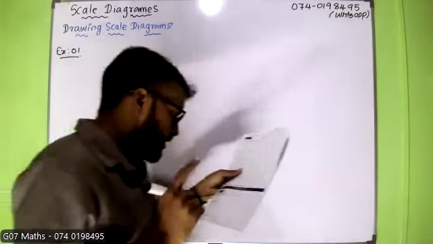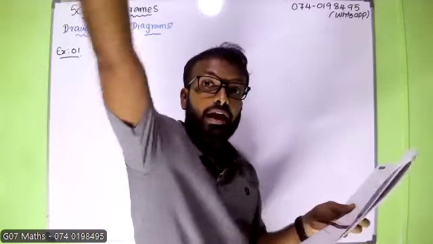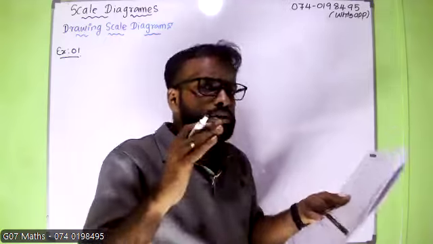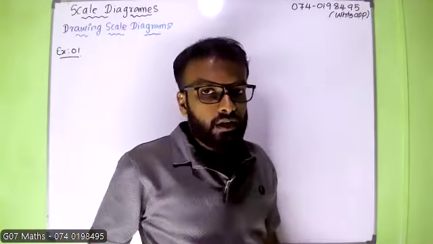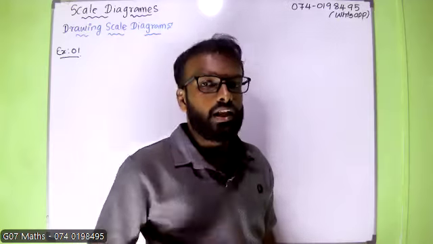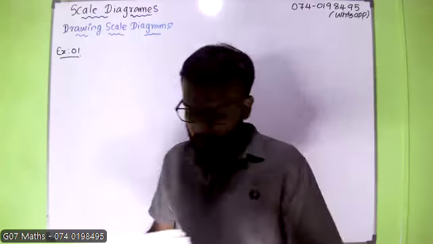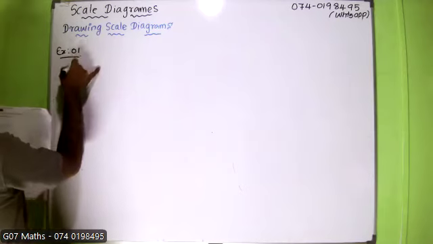Let us draw an 8-meter long straight path in our book, using a suitable scale. So you have to decide what scale you are going to use. What is the length of the straight path?